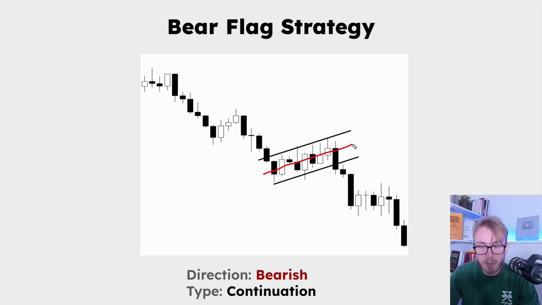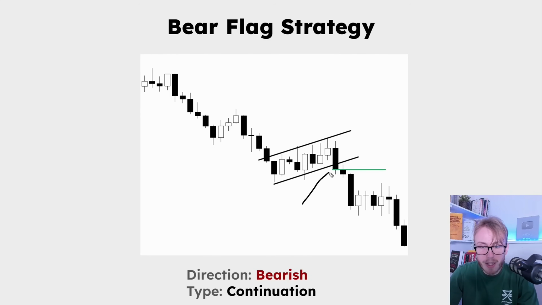But what you can notice about this flag is that in this case, we don't really have super clear highs and lows. You can see, yes, we do have some highs and lows within the flag, but it's not really the super clear flag you see in textbooks. The most clear entry point for the bear flag is to enter here at the breakout, or some traders, when we break down, will call it a breakdown.